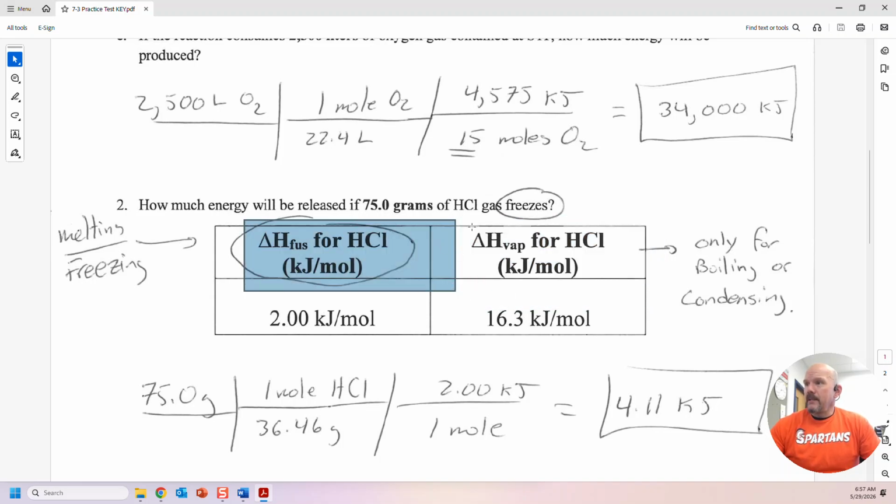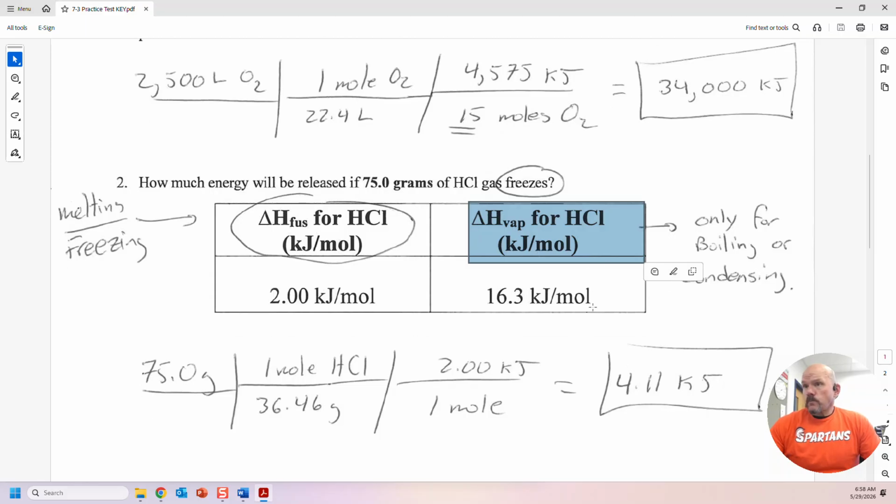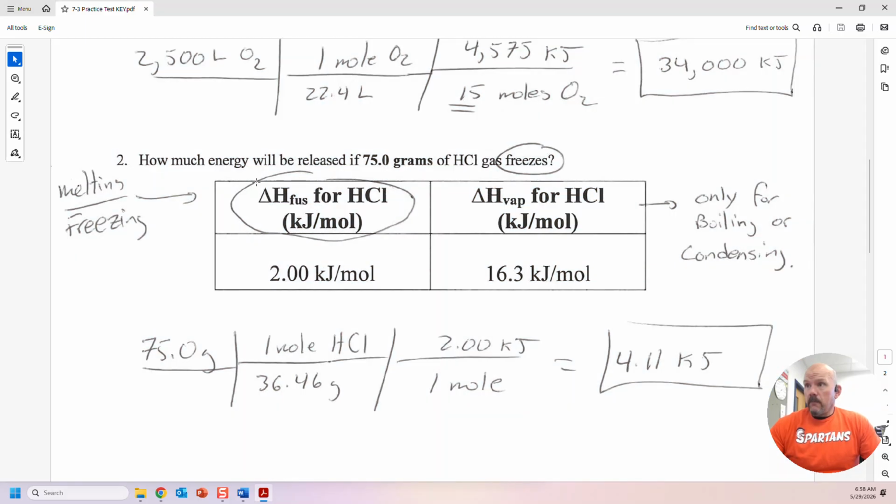What we have to remember is we would only use the heat of vaporization when we're talking about boiling, absorption of energy, or condensing, releasing the energy, right? And we use the heat of fusion for melting or freezing. So because we're talking about freezing here, we need this value. We don't need that value, okay?